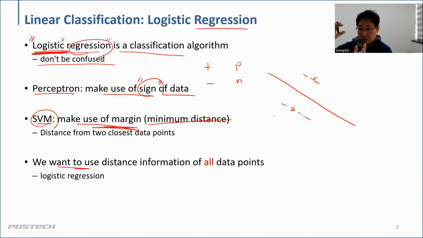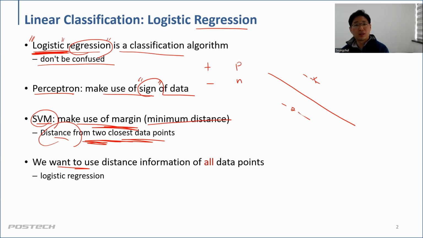The margins, which are the closest data points of each class to the boundary, are the most critical ones. So I will say the distance from the two closest data points is the information that we considered to build up the SVM.